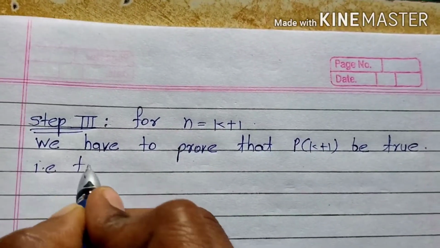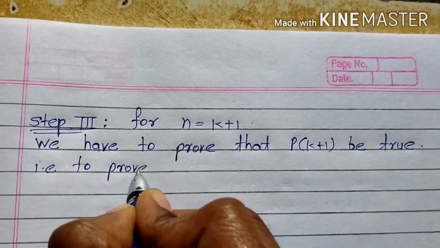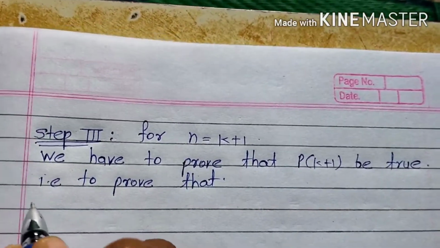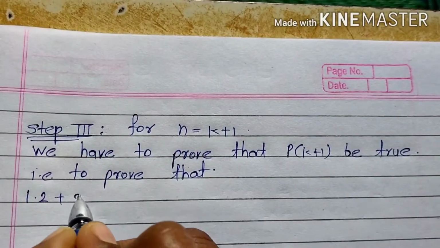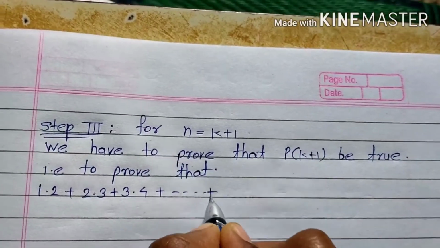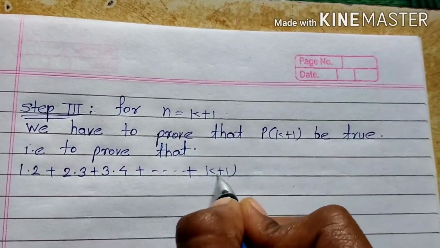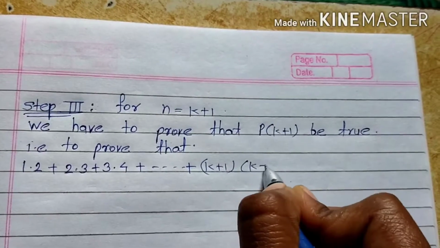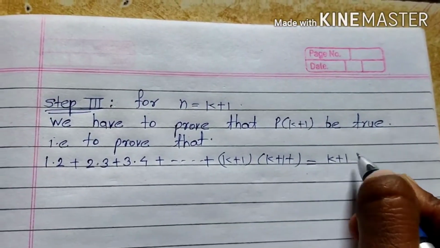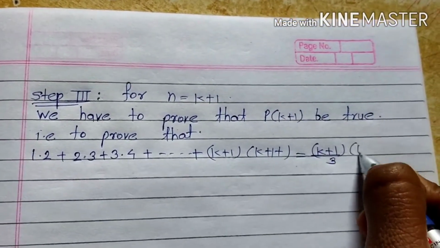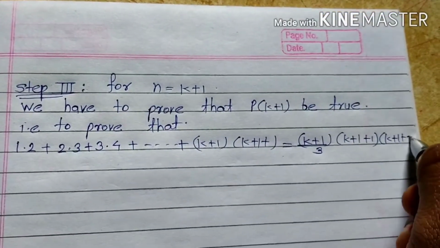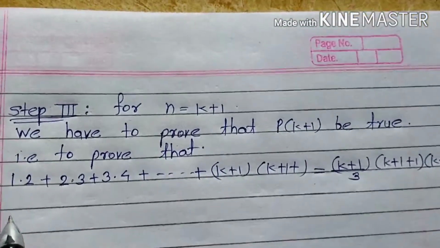That is to prove that, so instead of n we have to put k plus 1. So it is 1.2 plus 2.3 plus 3.4 plus k plus 1, and next k plus 1 plus 1, which is equal to k plus 1 upon 3, next k plus 1 plus 1, and here k plus 1 plus 2.